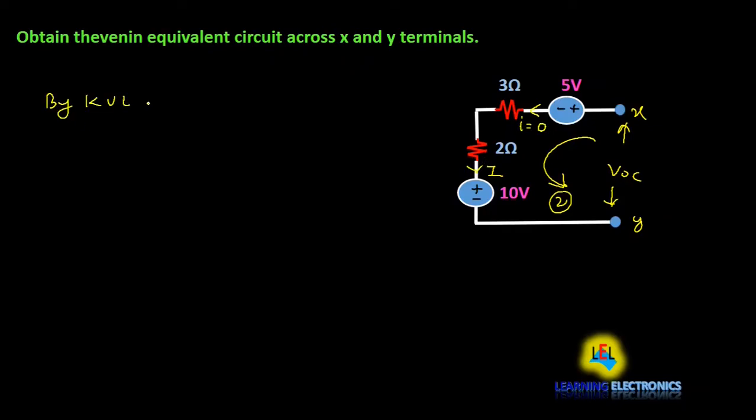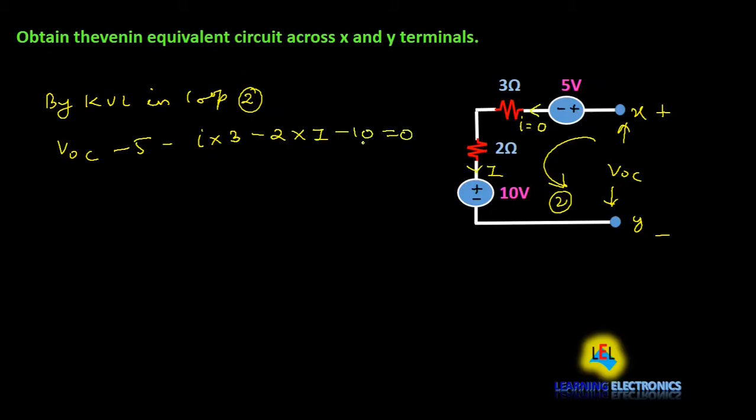By KVL in loop 2 we get VOC minus 5, then minus i into 3, minus 2 into capital I, minus 10 is equal to 0. Since i is equal to 0, due to open circuit, we will get VOC minus 5 minus 0 minus 2I minus 10 is equal to 0.